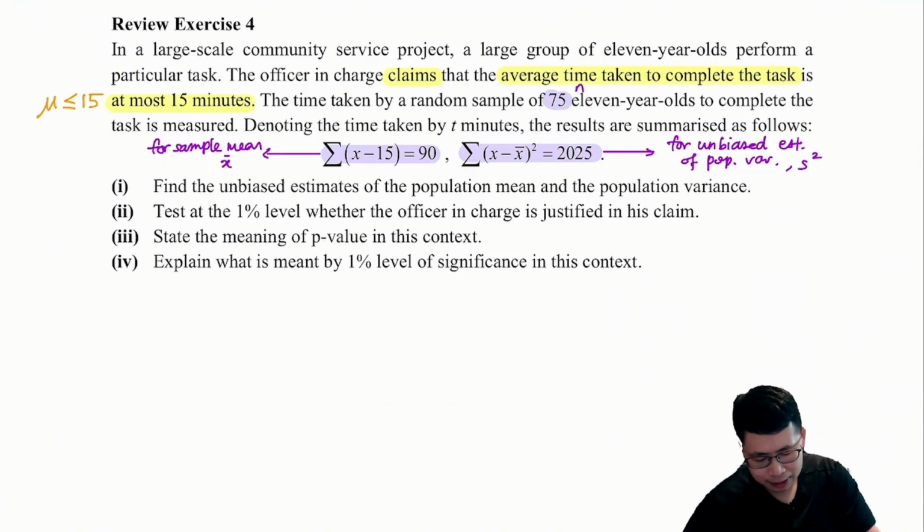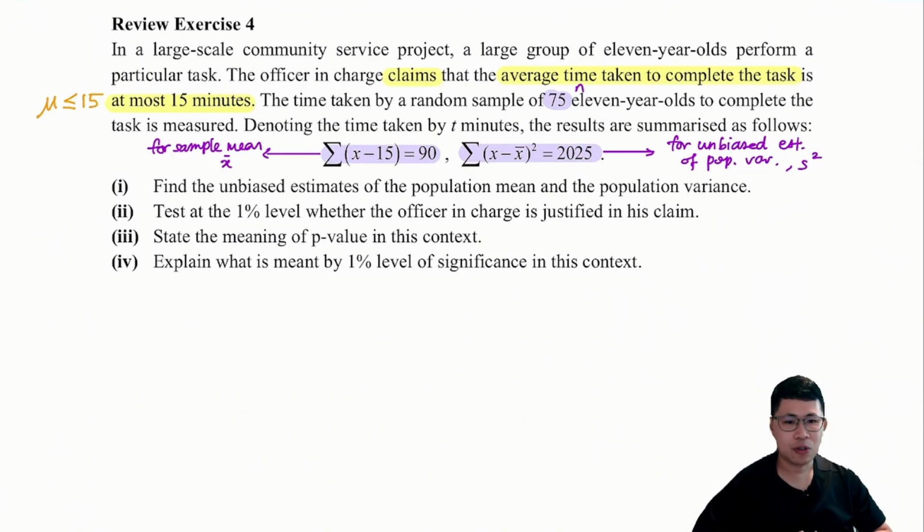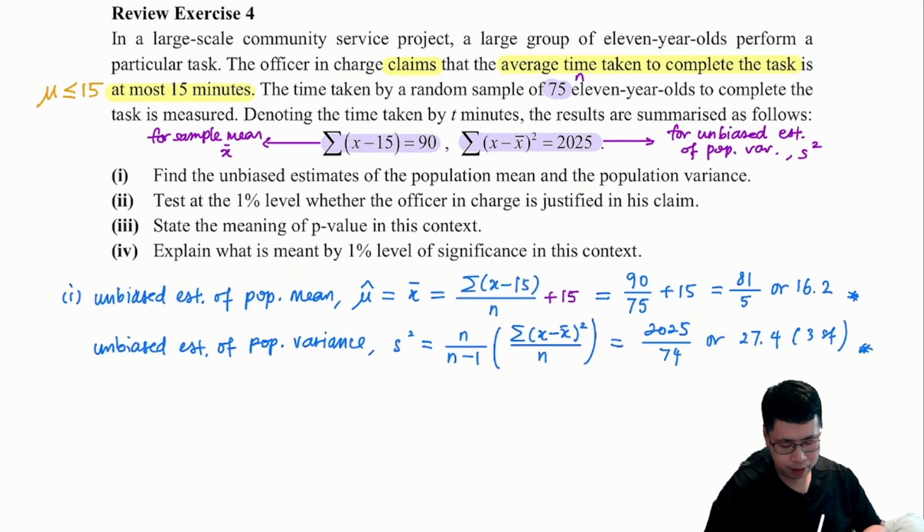Okay, so let us attempt part 1, which is to find the unbiased estimate of the population mean and the population variance, in which the formula can be found in MF27, and when we calculate, this is our result. Take note that when we do our unbiased estimate of population mean, because this is shifted data, if we minus 15, we need to add back our 15 over here.